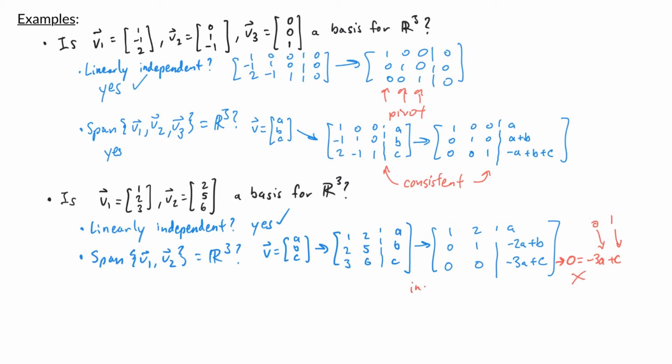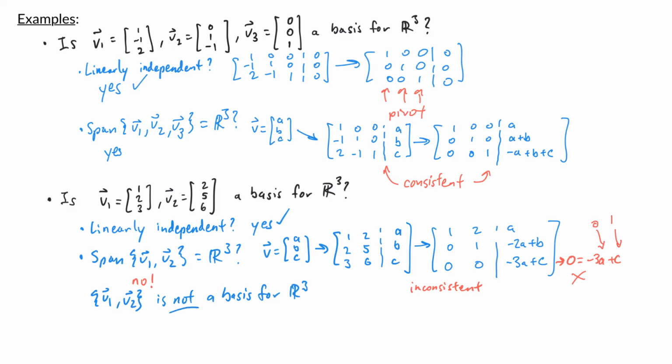So that tells me that I have an inconsistent system, which means that not every vector in R3 can be written as a linear combination of v1 and v2. So the span of v1 and v2 is not R3. Since one of the conditions is not met, we conclude that v1 and v2 is not a basis for R3.